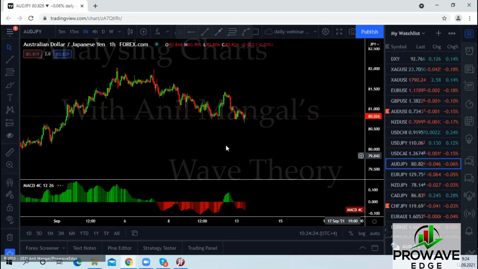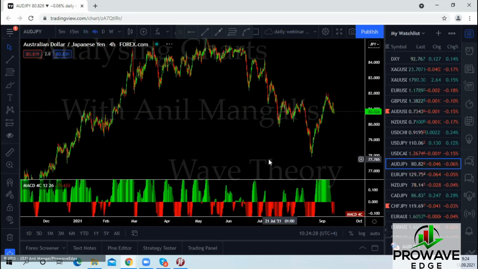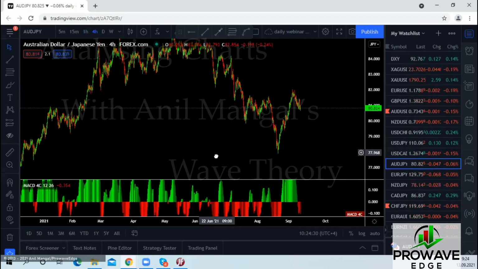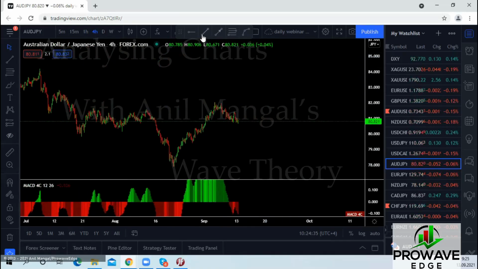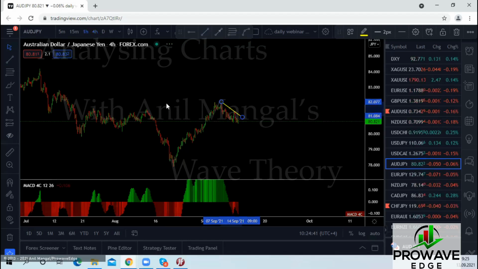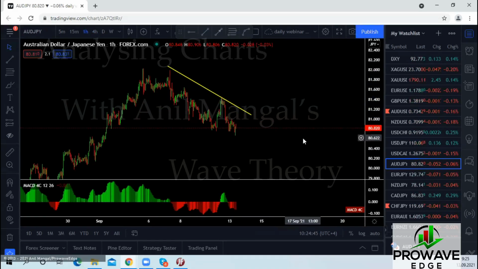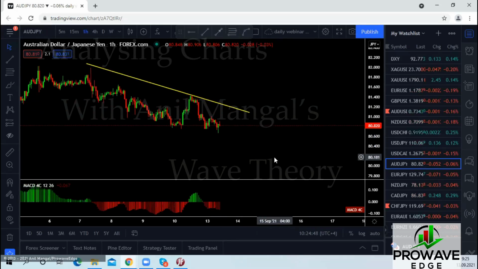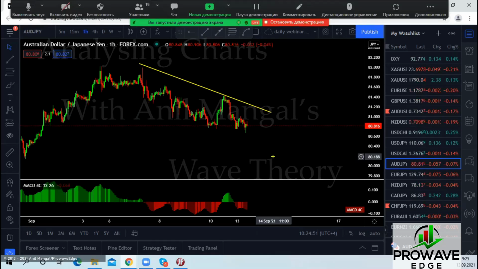Aussie yen. The selling is already gone because we're already breaking the lows.